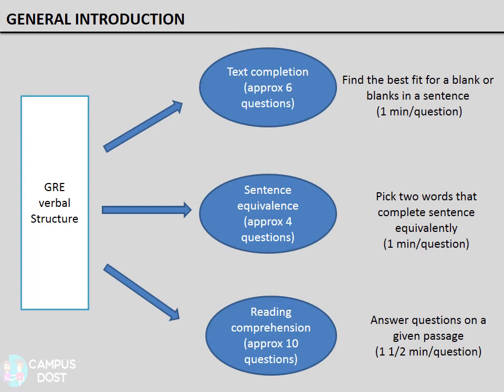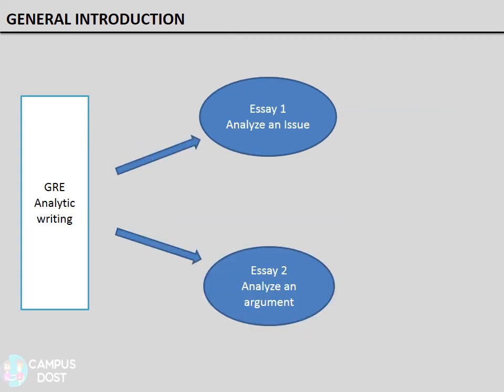You have to pick 2 words that complete the sentence equivalently, and it will take 1 minute per question. Next is reading comprehension. There will be approximately 10 questions, and you have to answer questions on a given passage. It will take 1 or 1.5 minutes per question.